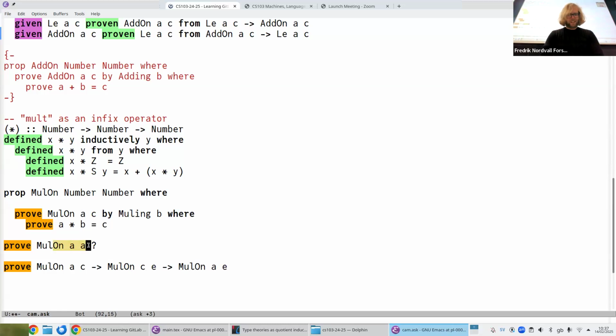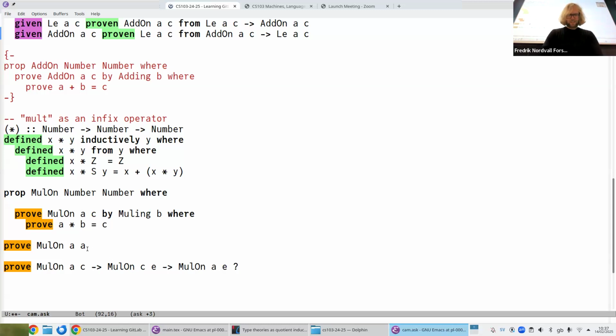So this is like saying we can stay still on the spot. And this says if I can go in one step from A to C and another step from C to E, then I can go in overall from A to E, right? So we can still hope to prove this. So let's see if we can do it. Let's do this one first.